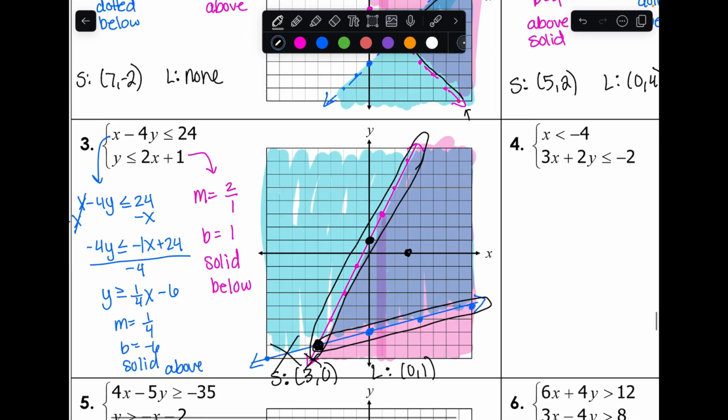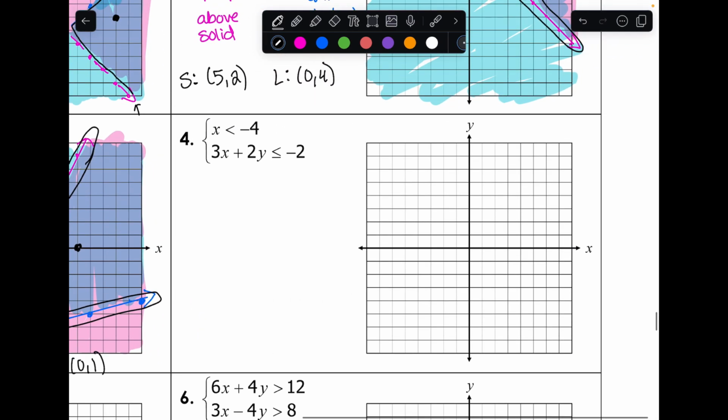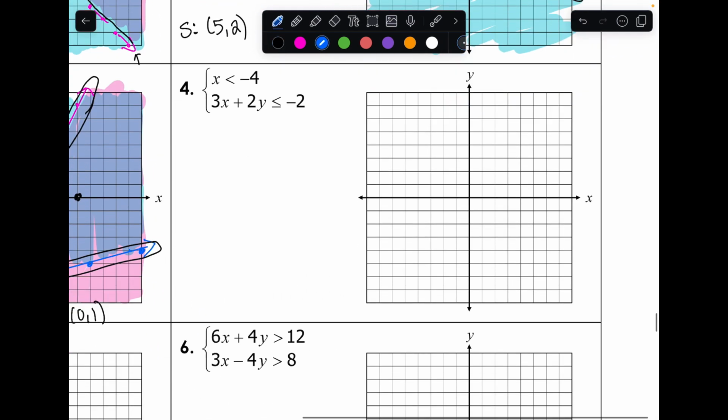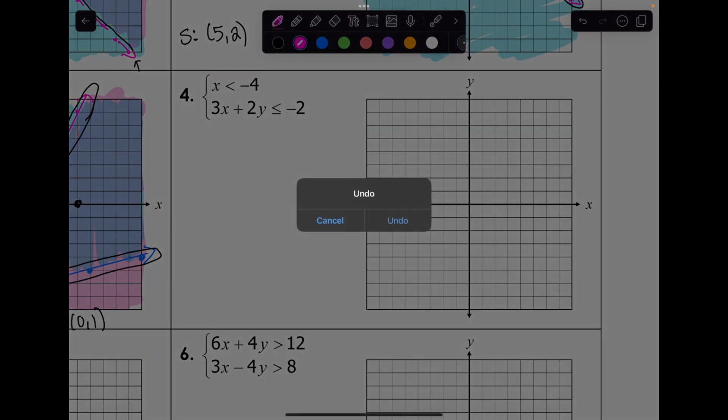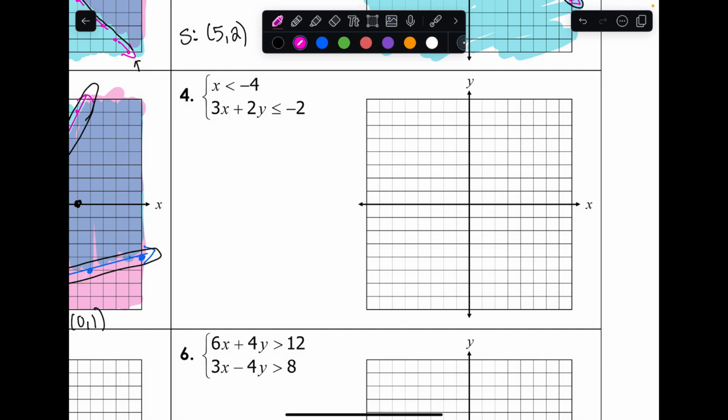In this example, we're going to look at a unique feature, and that is when we are missing a variable in one of our inequalities. Before I address that, we're going to start with our second inequality and rewrite it below. The first thing I'm going to do is move my x using opposite operations. So I'm left with 2y less than or equal to negative 3x minus 2.